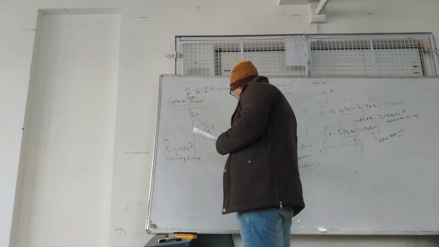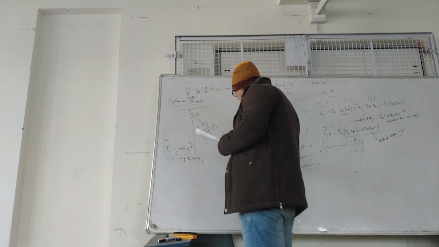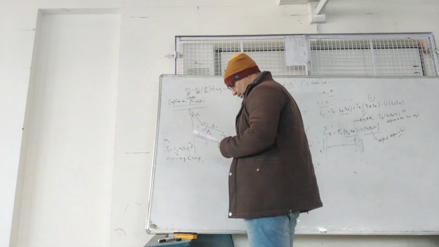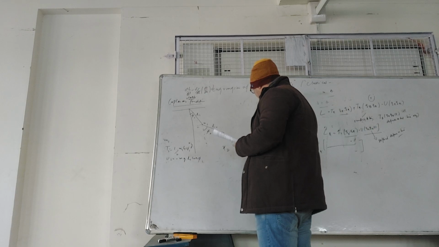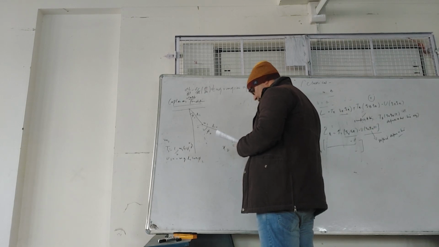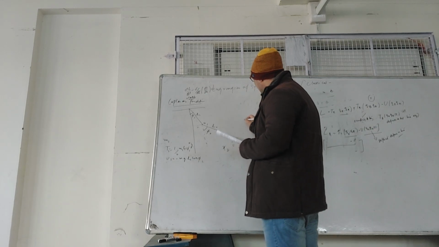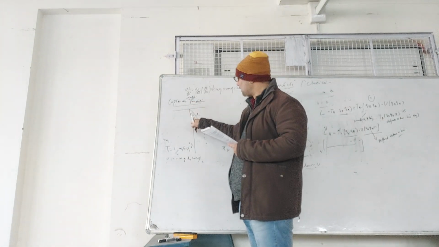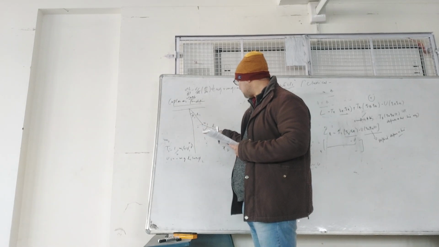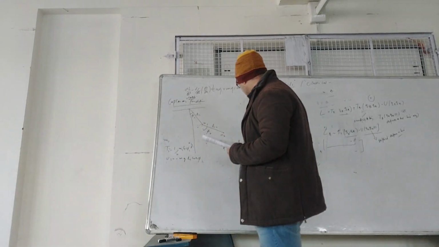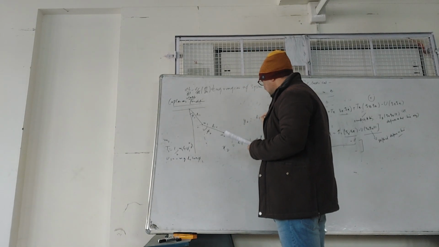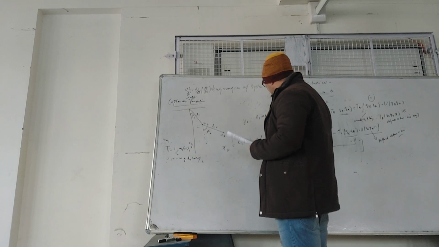So x2 will be equal to L1 sin phi 1 प्लस L2 sin phi 2. इस तरह y2 क्या आएगा? अब y2 से है यहाँ से cos phi, this length plus this length, it will be L1 cos of phi 1 plus L2 cos of phi 2.